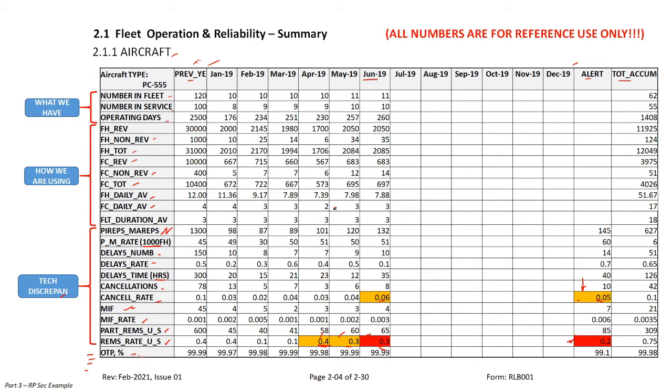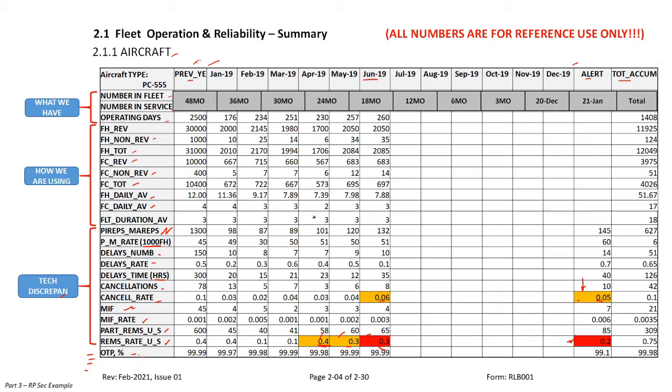This is the first version. The second version of the summary table: sometimes you can see companies that don't have alert levels, but have reporting months or reporting time periods against given time periods. Here, let's say our reporting month is January 2021.